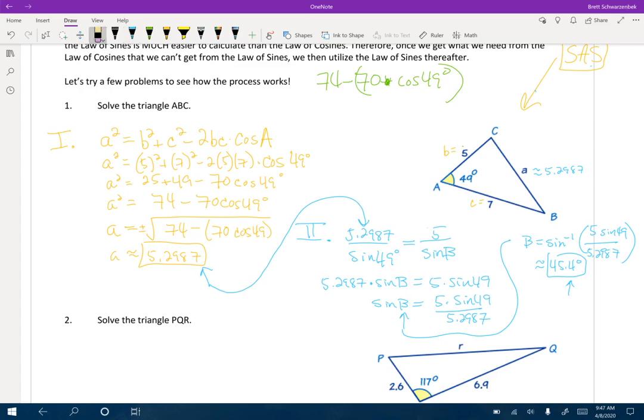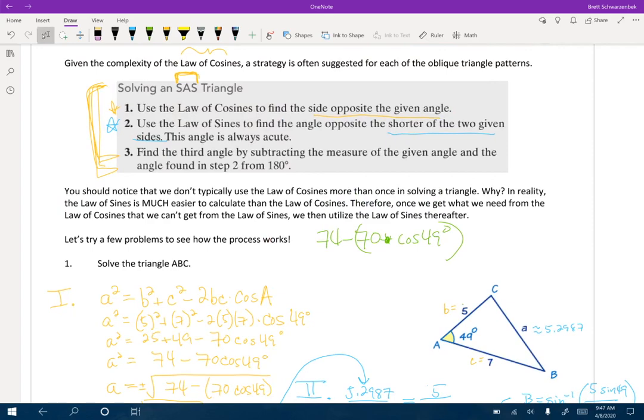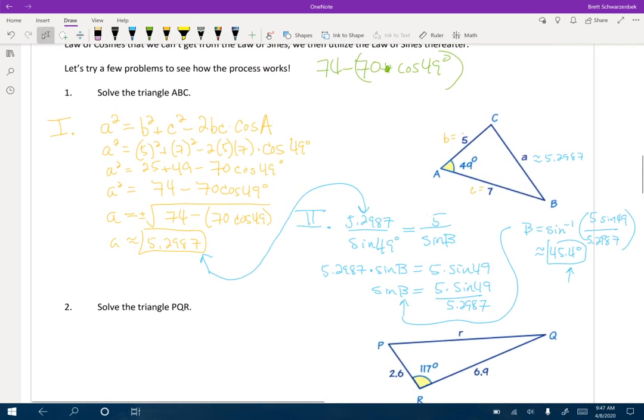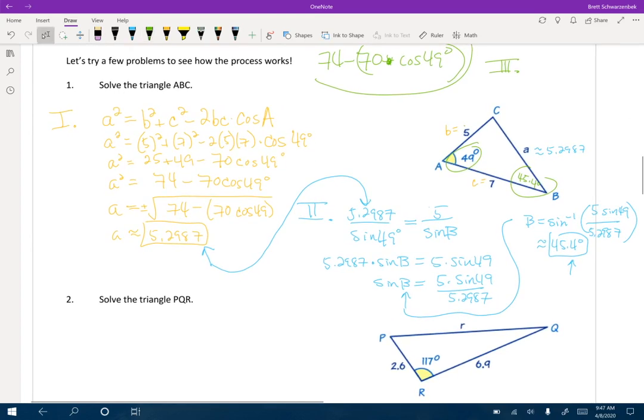Now, what about the remaining side? It says, find the third angle by subtracting the measure of the given angle and the angle found from 180. Okay, so this should be very easy for you. So let's say we're going to step 3. So we currently have this angle as 45.4 degrees. So therefore we have 2 angles, and if we have 2 angles, we should be able to find the remaining angle.